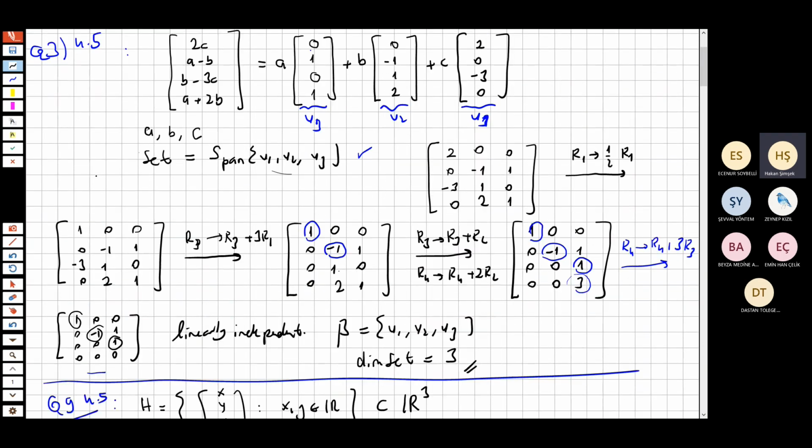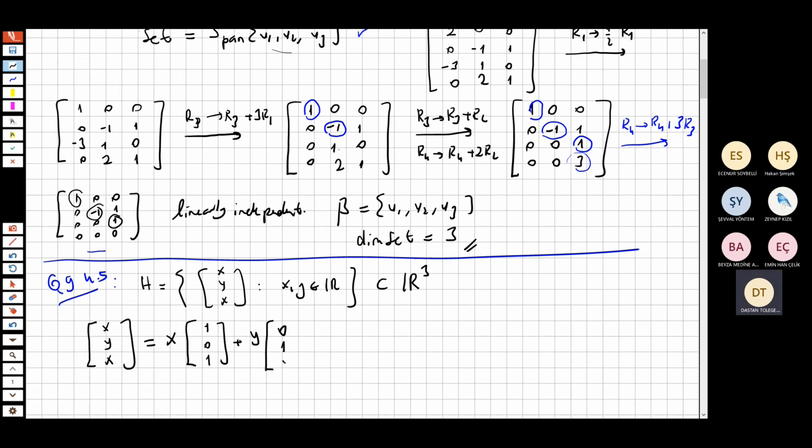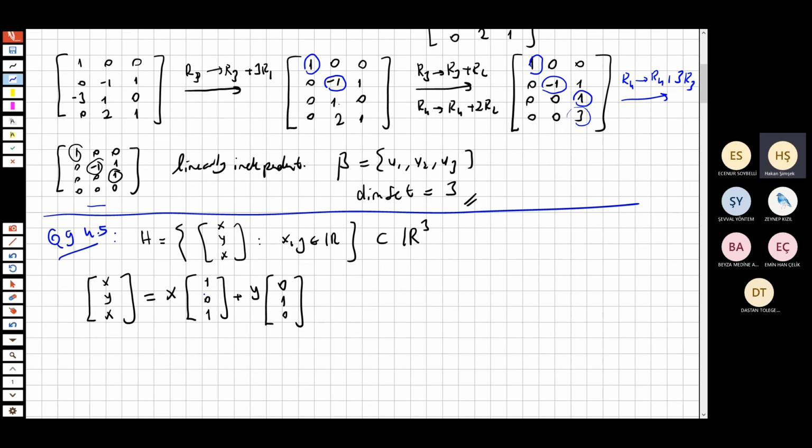Instead of A, B, C, we have X, Y, X. Therefore, X, Y, X can be written as X times, what are the entries? 1, 0, 1, plus Y times 0, 1, 0. So now, since we have non-zero numbers here, I choose this as the first vector and this as the second.